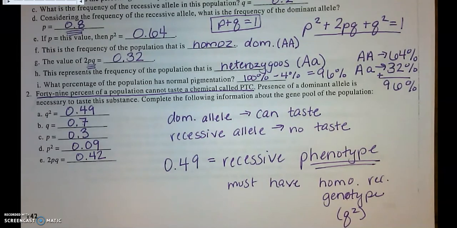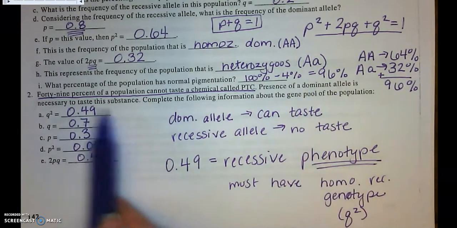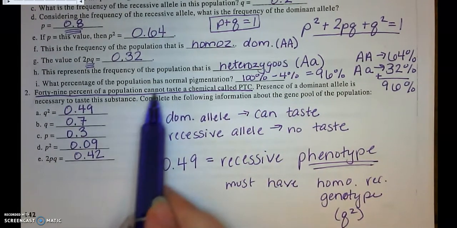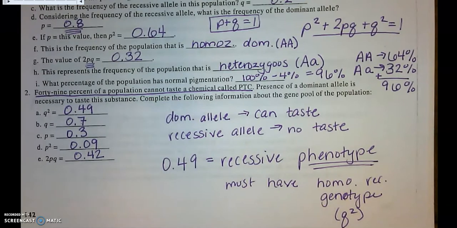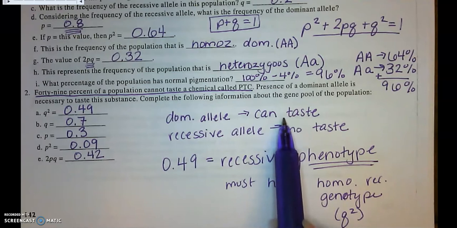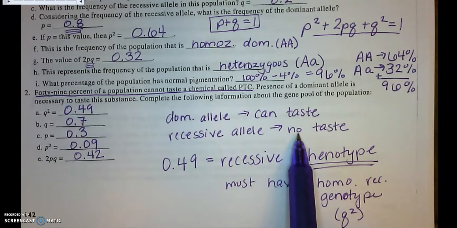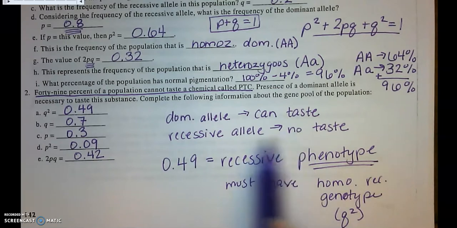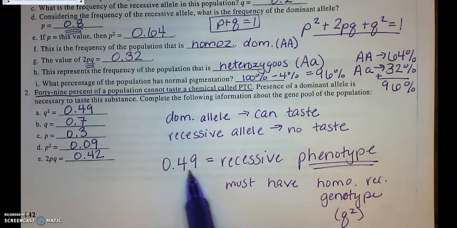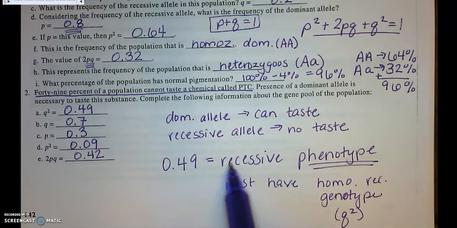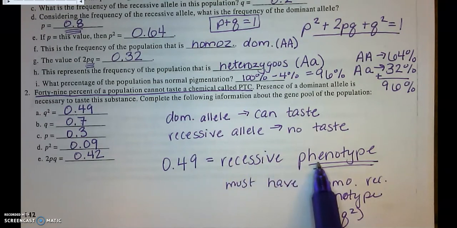49% of our population cannot taste PTC, and it tells us a dominant allele is necessary to taste the substance. So if you can't taste it, that means you have to be homozygous recessive. Our dominant allele is for tasting PTC. Our recessive allele, you can't taste it. So the question tells us 0.49 is the frequency of the recessive phenotype.